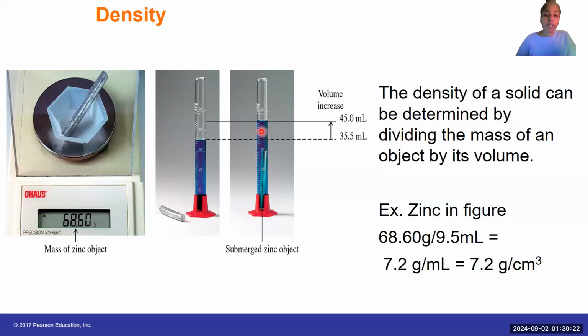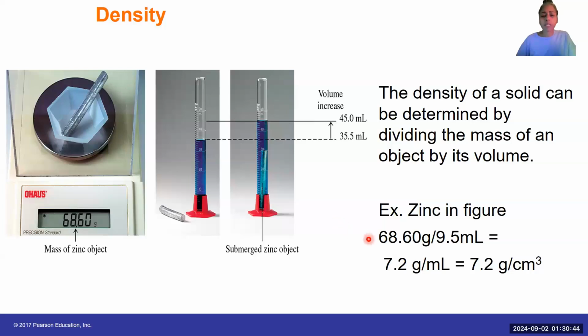So the volume increases now to 45.0 milliliters. And why do we have a 0.0 on the end? Because we can guesstimate that number in the first decimal place. We have to maintain its presence by adding a 0 there, even though the measurement is directly on the line.